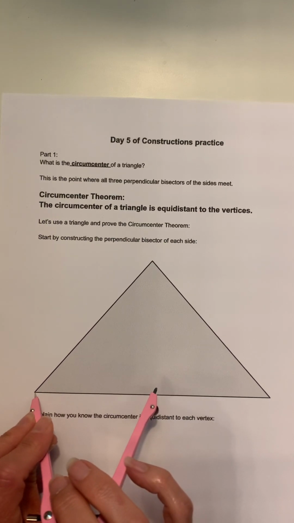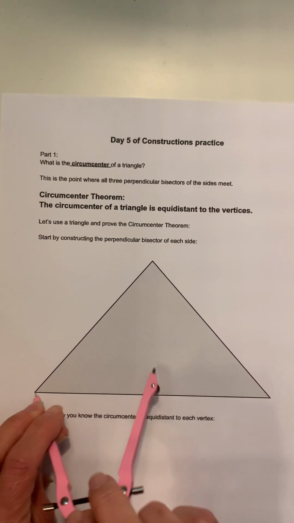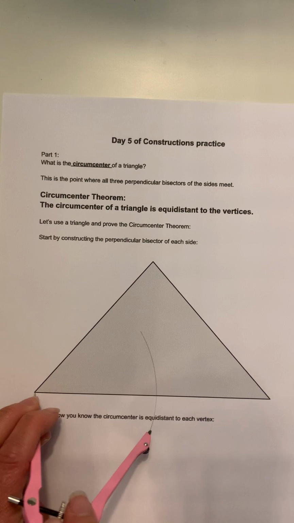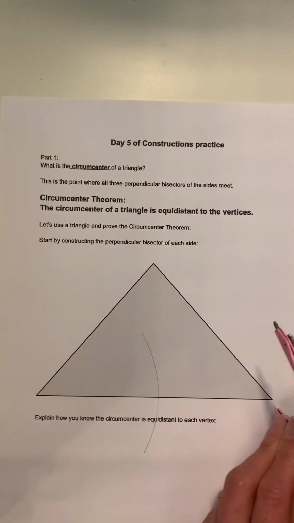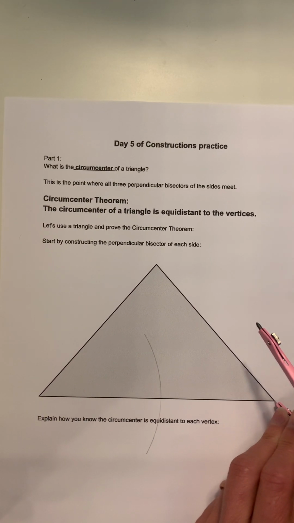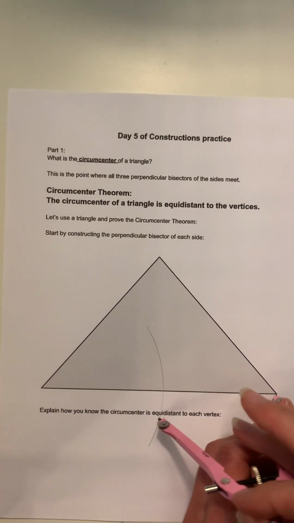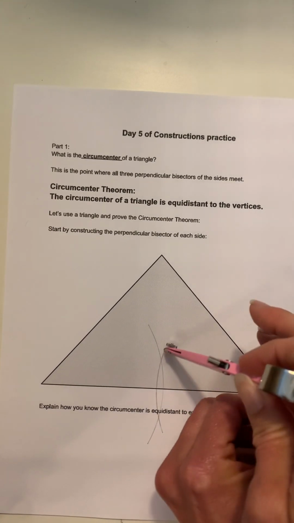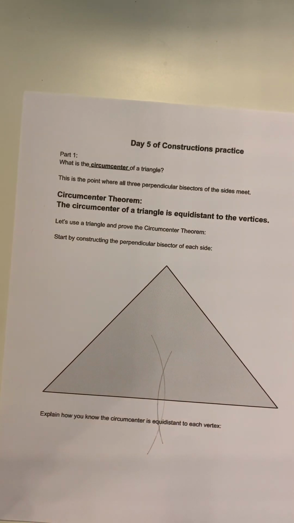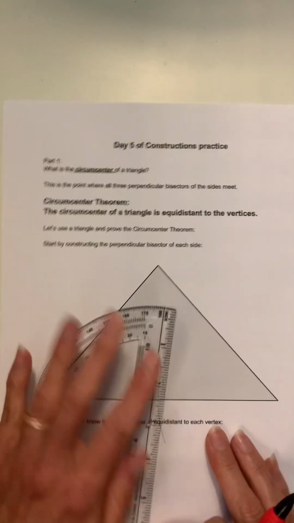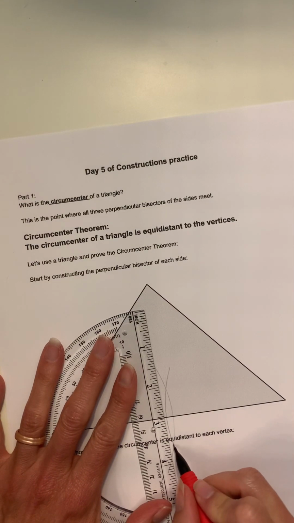If we don't go far enough, we'll end up with a gap between our arcs. Let's see how that works. Go to the other tip. Oh yeah, that's good. Okay, there's one. So I'm going to come along with my pencil on the straight edge and connect those.